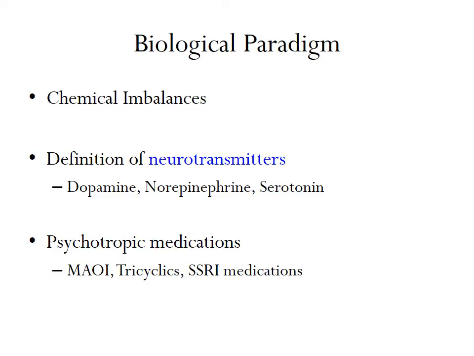MAOIs, monoamine oxidase inhibitors, tricyclics, and SSRIs, selective serotonin reuptake inhibitors, each address a different type of neurotransmitter. So depending on what is diagnosed as being the issue, that particular medication may be prescribed.